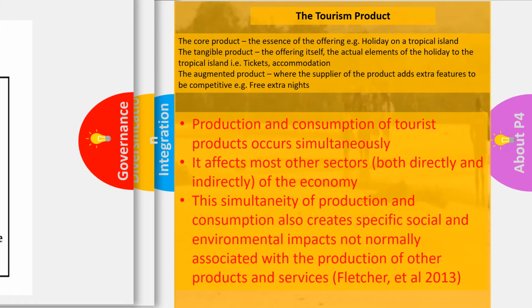Okay, so with the tourism product, there's simultaneous production and consumption. And it's going to affect that geographical area socially and the people who live around that area, and it's going to have an environmental impact.